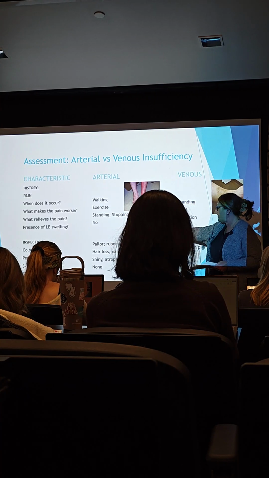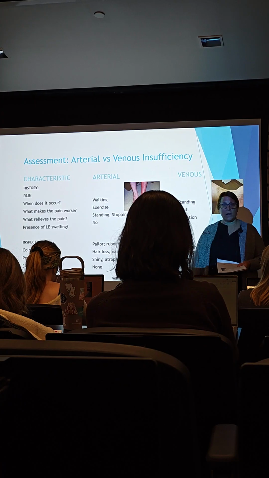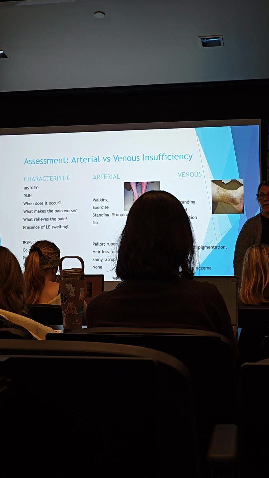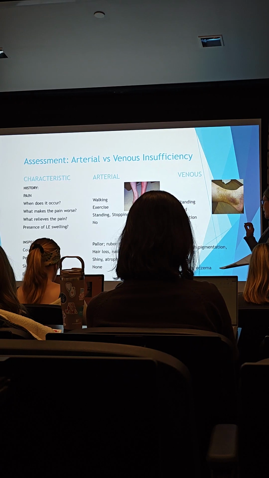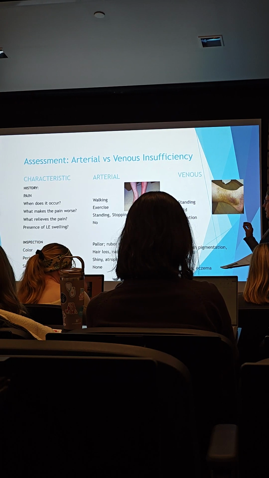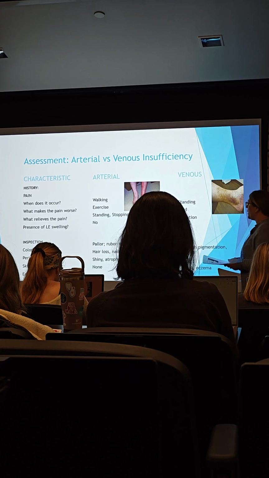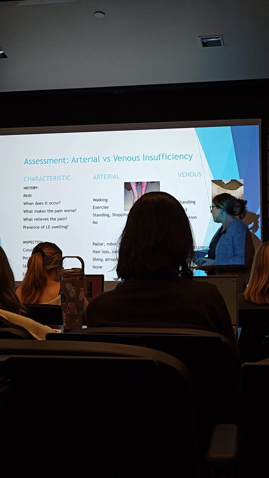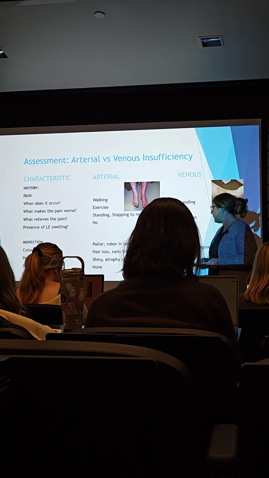That's common with arterial insufficiency. We notice hair loss, okay? And it's not just from their sock line. Their skin is very shiny, and they show thick, rigid nails. Their nails have this change as a result of lack of oxygen.